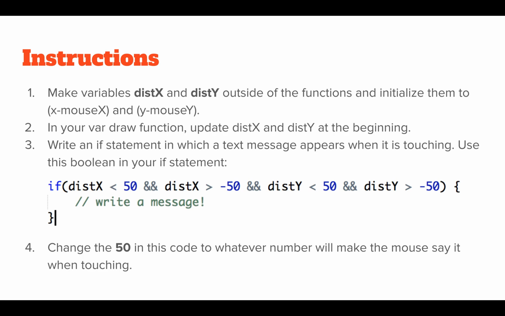All right, and then in your draw function, you're going to update distX and distY, and then you're going to write an if statement that detects how close your cursor is to Winston or your avatar, and then if it's within whatever distance you choose, it's going to make Winston say hello there, or your avatar.